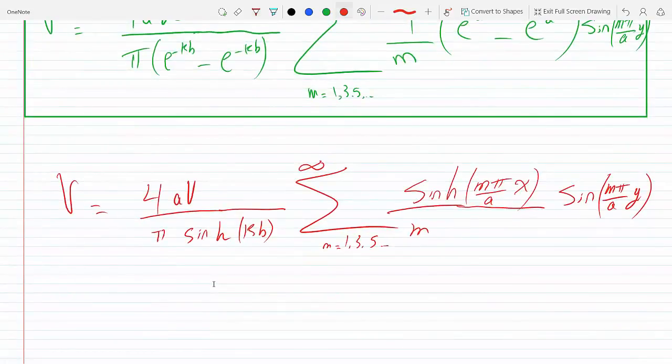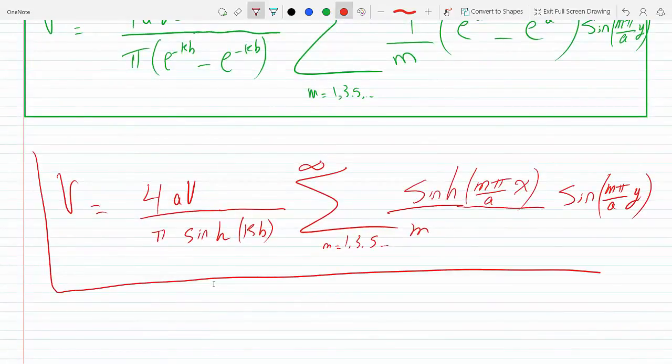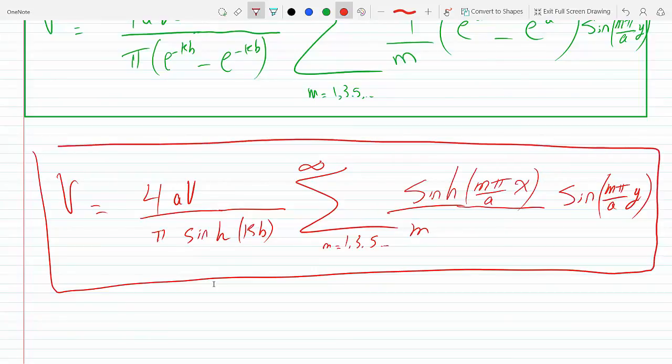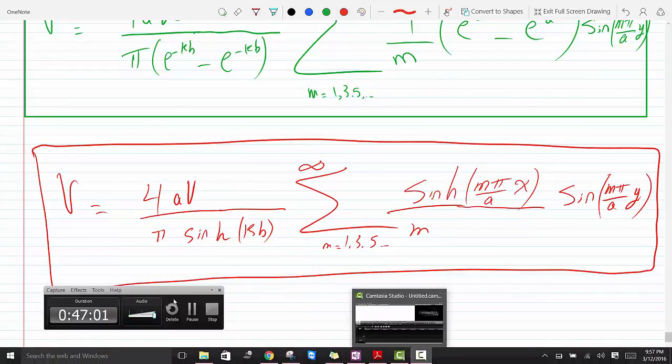This is our potential. Either one works. Questions, Ben?